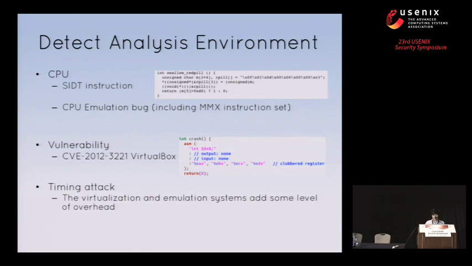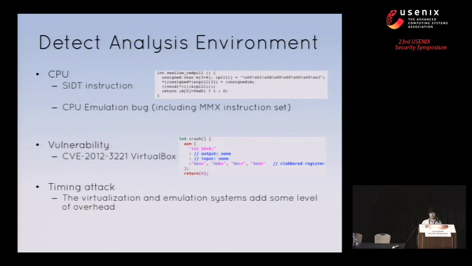So there are problems with the implementation of the CPU, maybe with opcode exceptions, or maybe with implementing other types of instructions, such as MMX instructions. So malware can detect these differences and detect that it's running inside an emulated environment.